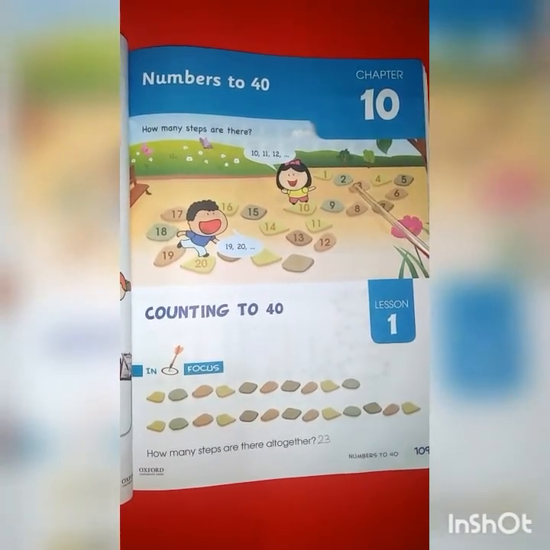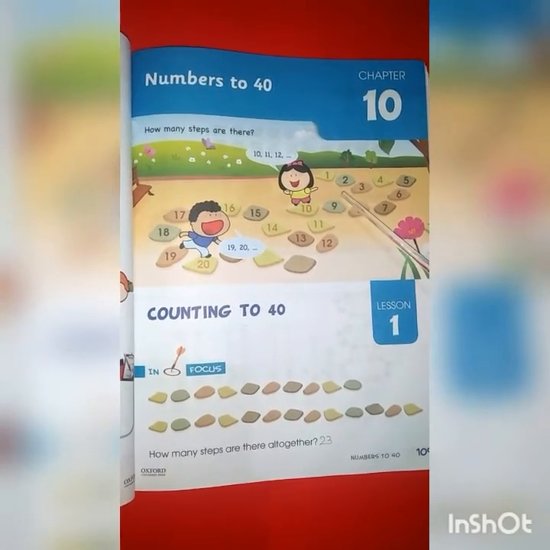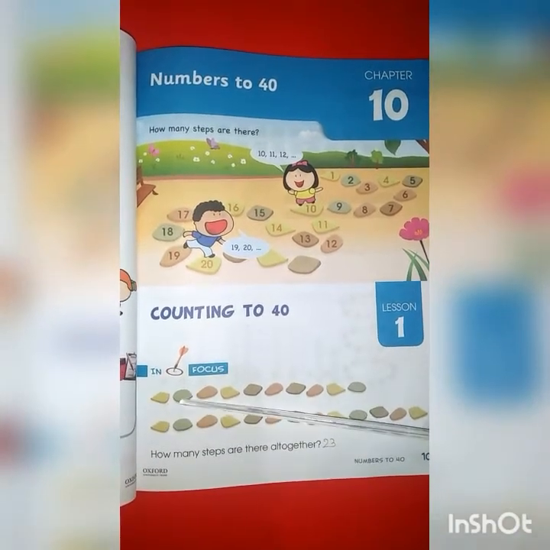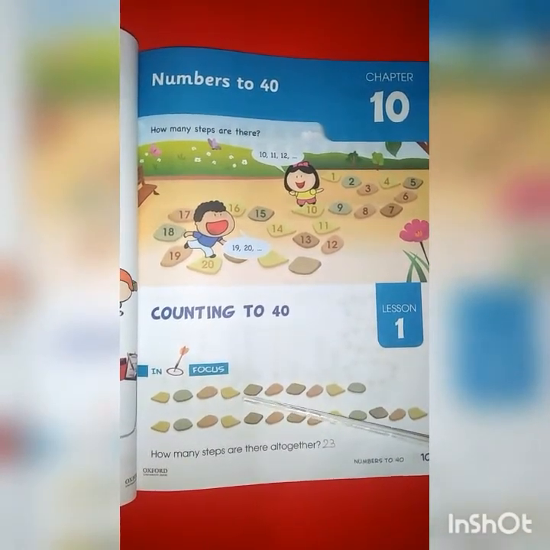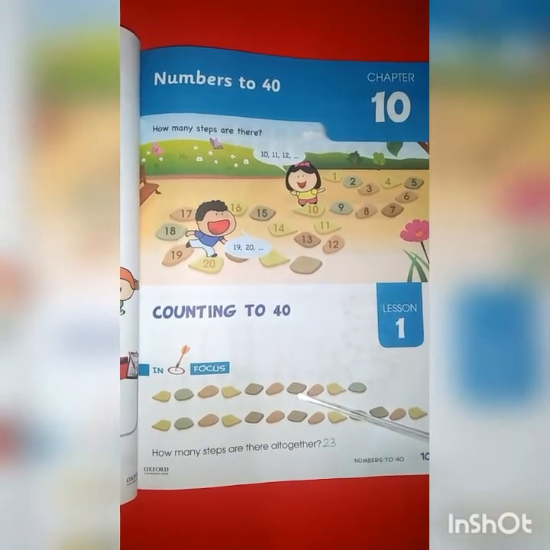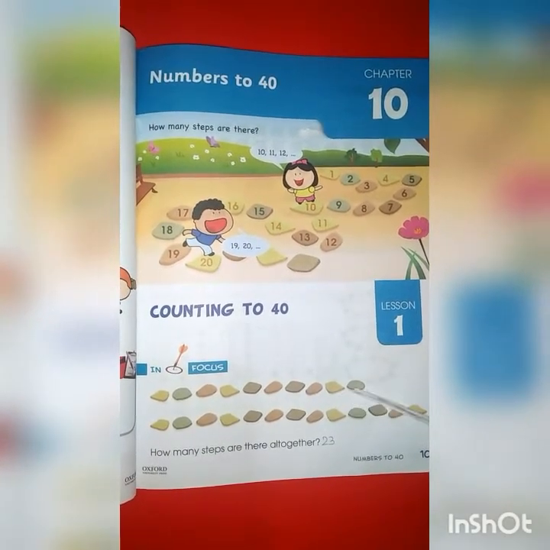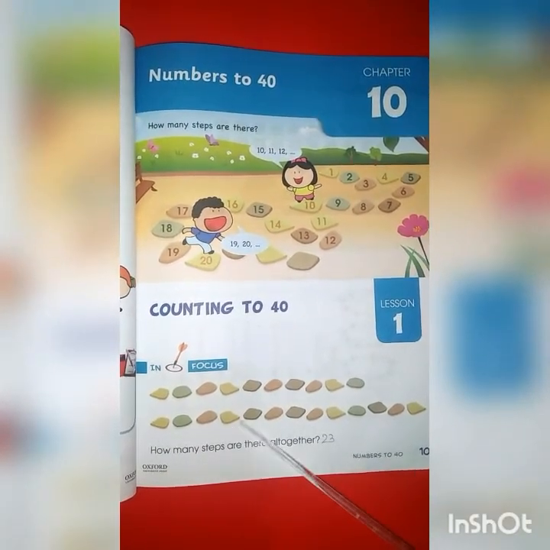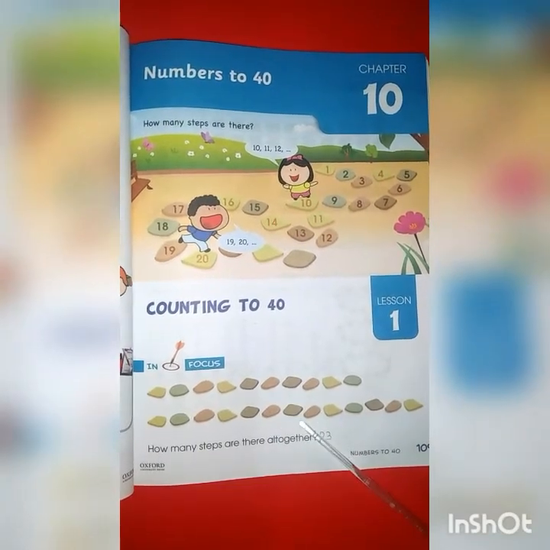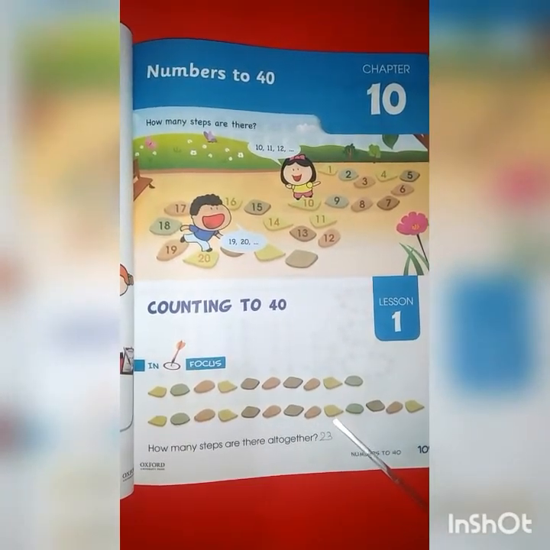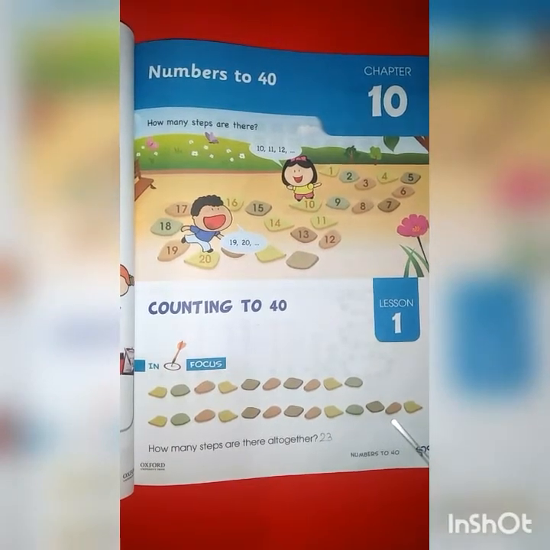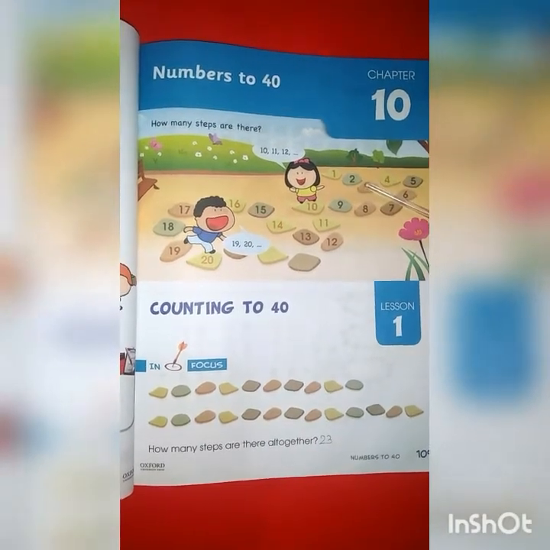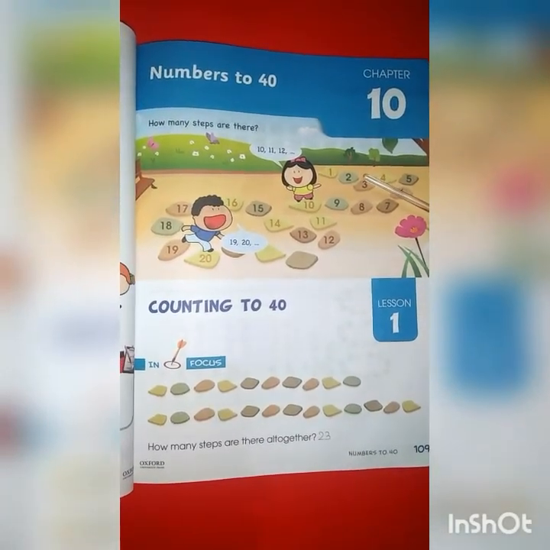Let's start counting all the steps from end to end. 1, 2, 3, 4, 5, 6, 7, 8, 9, 10, 11, 12, 13, 14, 15, 16, 17, 18, 19, 20, 21, 22, 23. And you can also see here that 23 steps are all together.